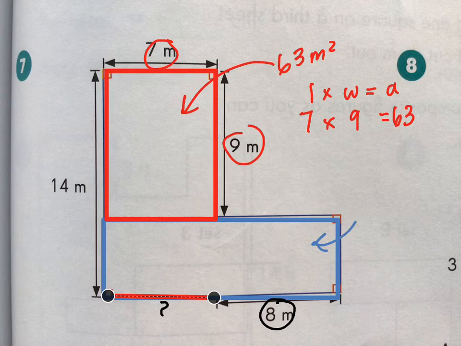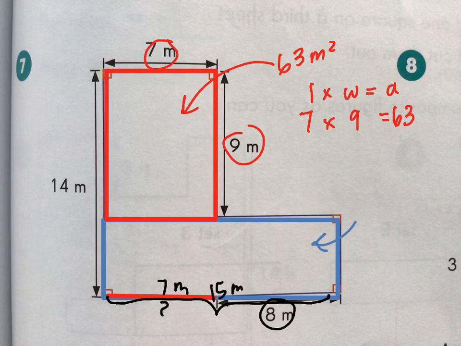And so that missing side length down there is going to be 7 meters. So now I know that the full length of that side would be 8 plus 7, which is 15 meters.